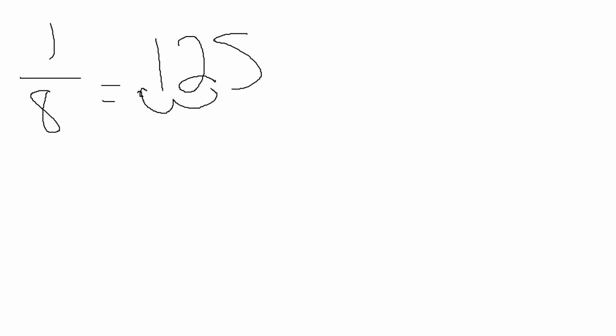Let's do one more. Let's say I ask you to convert 1/8. Oh, I don't know what that's supposed to be. Well, I know what it's supposed to be, but that's not what I wrote. 1/8. Step 1, convert it to a decimal. 1 divided by 8, and I get 0.125. Move it 2 places, so it's 12.5%.